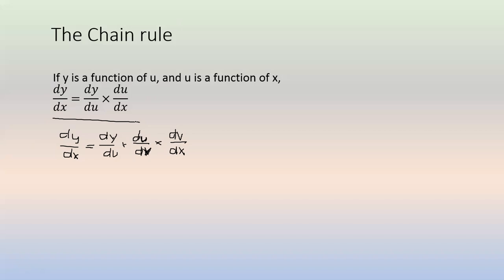Okay, let's begin with number one. Find dy/dx, or the first derivative, of y equals (x squared plus 6) to the power negative 5. First step, consider that u equals x squared plus 6.